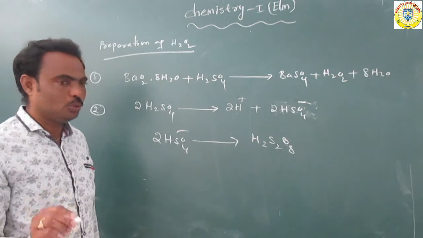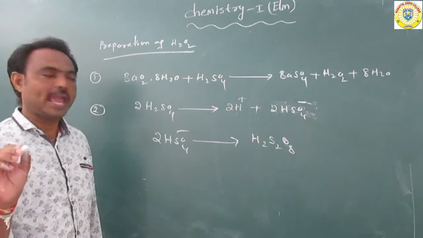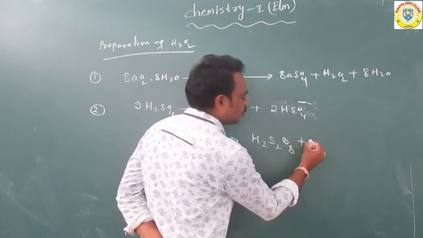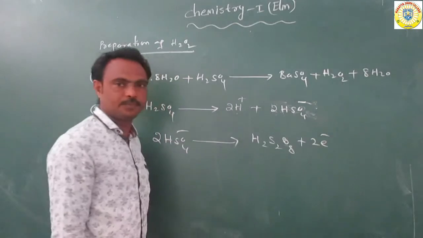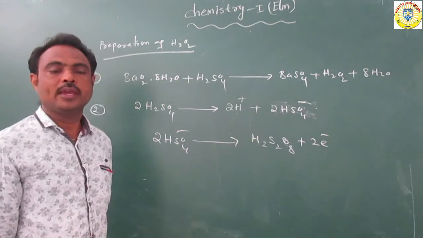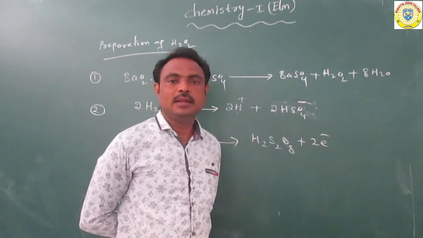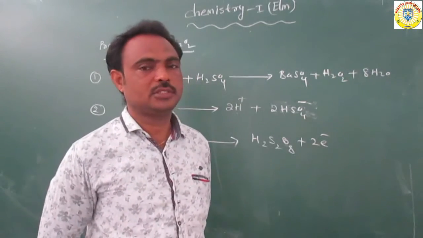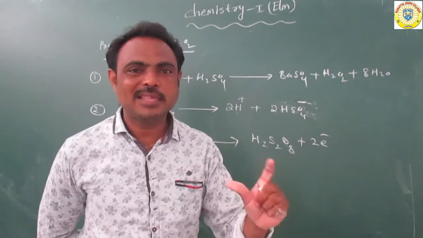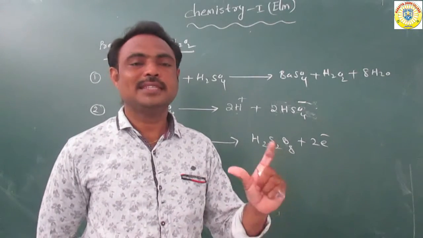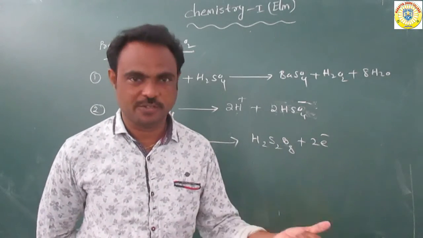So H2S2O8 forms and it gives 2 electrons. This reaction is called the de-electronation reaction, because it releases the electrons.